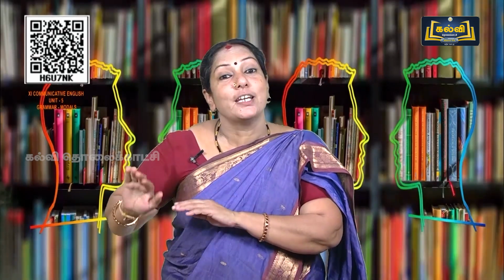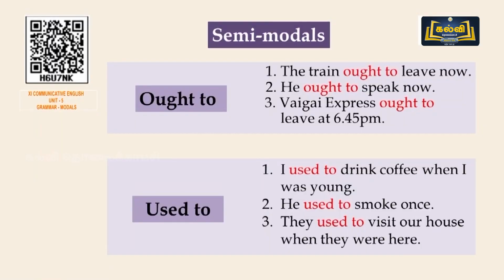That means he should definitely join duty. Vaigai Express ought to leave at 6:45 p.m. That means definitely, without fail, Vaigai Express leaves the station by 6:45 p.m. Right? Ought to is very useful to express that something must be done without fail. We'll see the next.